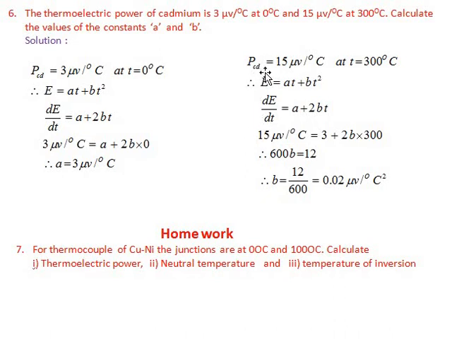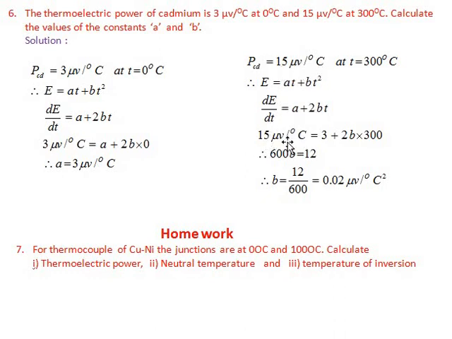The thermoelectric power of cadmium is 15 microvolt per degree Celsius at T is equal to 300 degrees Celsius. So E is equal to AT plus BT square, dE by dT is equal to A plus 2BT. Now at T is equal to 300 degrees Celsius, they gave the thermoelectric power dE by dT is equal to 15 microvolt per degree Celsius.